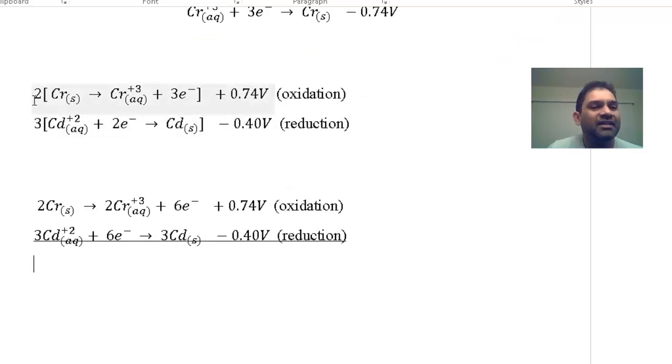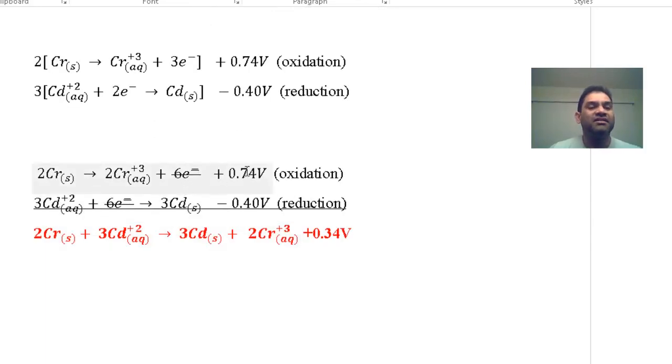This is a 6 electron transfer reaction, so the 6 electrons here will cancel out with the 6 electrons there, and my net reaction is going to be 2Cr plus 3Cd2+ goes to 2Cr3+ plus 3Cd solid. Canceling out the electrons and adding up the voltages, this will be spontaneous with 0.34 volts.